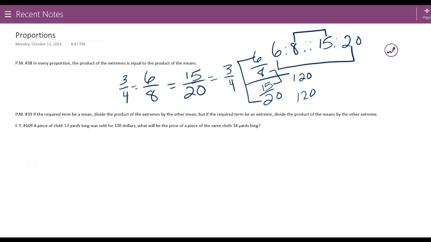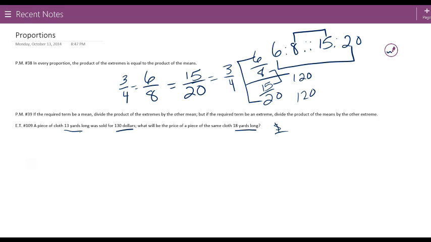Now, the important thing that you remember while you're working with this, we have two different things that are being labeled. We have yards, dollars, and yards, and then it's asking for what the other dollar would be. Now, when you set up your proportion or your compound fraction, the thing that you need to remember is that yards and yards need to be on the same part.